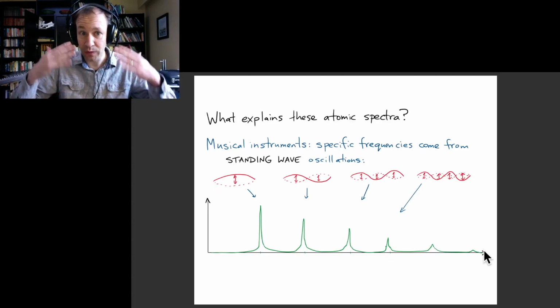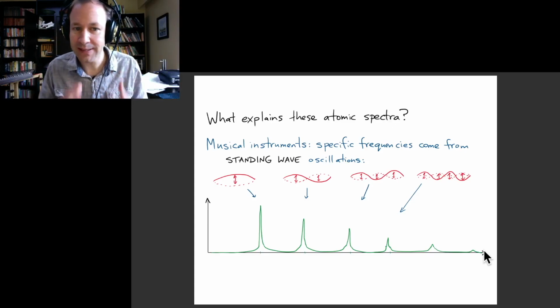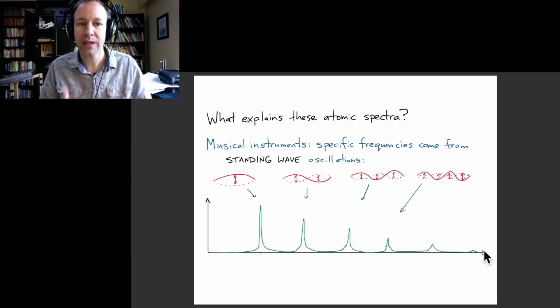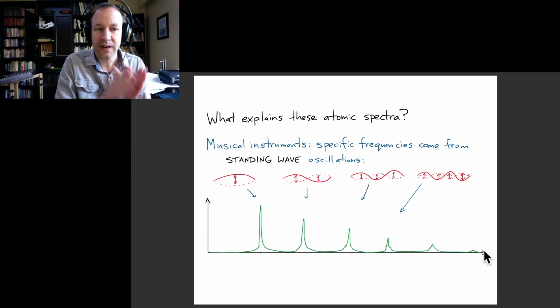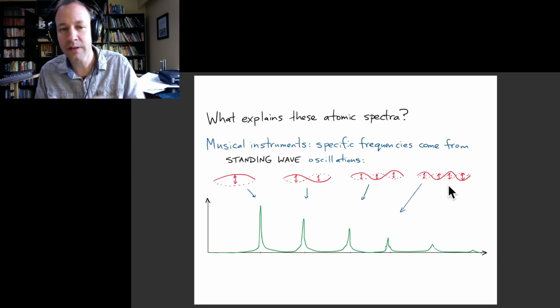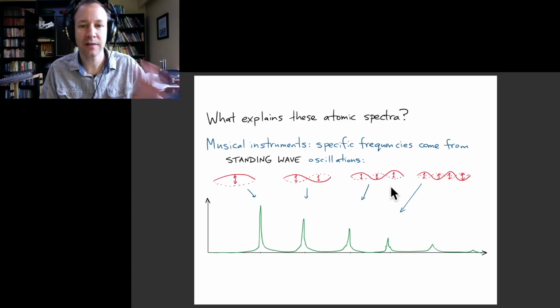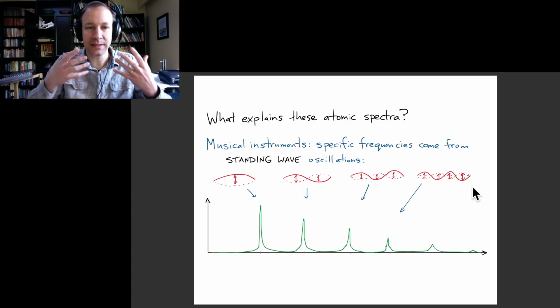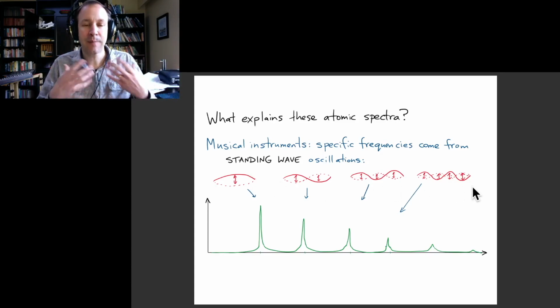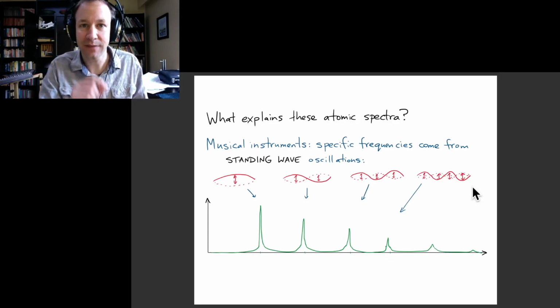So these could be waves on a guitar string, or they could be sound waves in the tube of a wind instrument. But what we understood is that there are very specific patterns of oscillations that are allowed for these musical instruments. And each pattern of oscillation, this was something called a standing wave, has a very specific frequency.